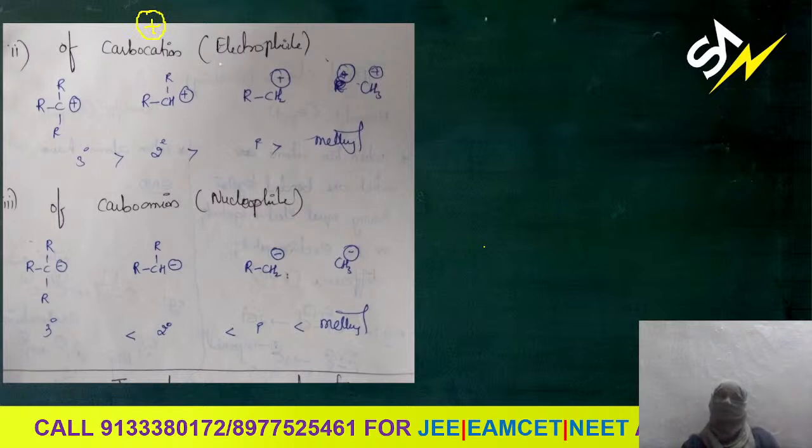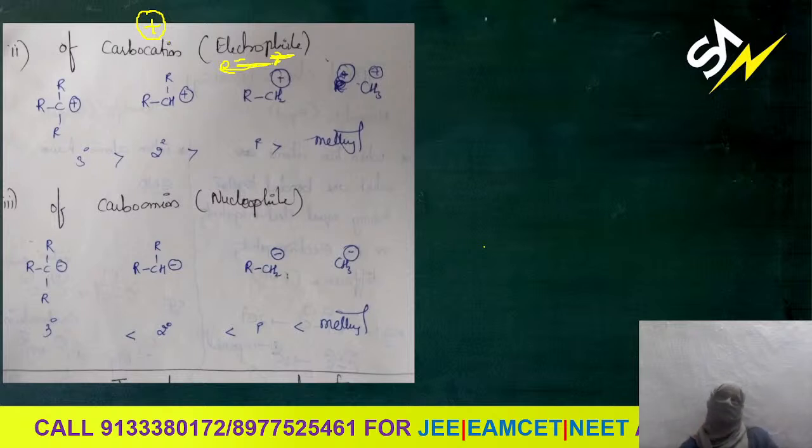The one which attracts negative charge is known as an electrophile. Electro means electron, phile means attraction. That means the group which attracts electrons is known as an electrophile, nothing but positive charge molecules, because it has a positive charge, so it will definitely attract negative charge, right?